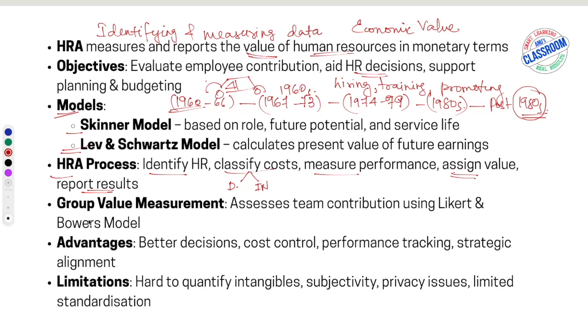So what does group value measurement do? It looks at how people perform together, because sometimes the result of a group could be greater than the sum of individuals taken together. Models like Likert and Bowers consider inputs like the structure, processes like communication, and outputs like performance. So if your team has great chemistry and can deliver results, then that value will get captured.